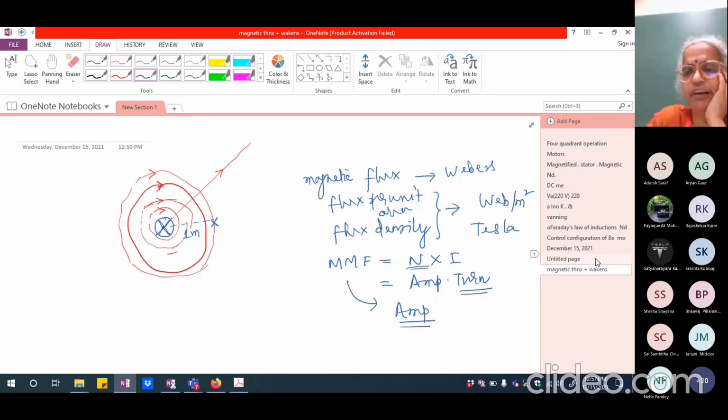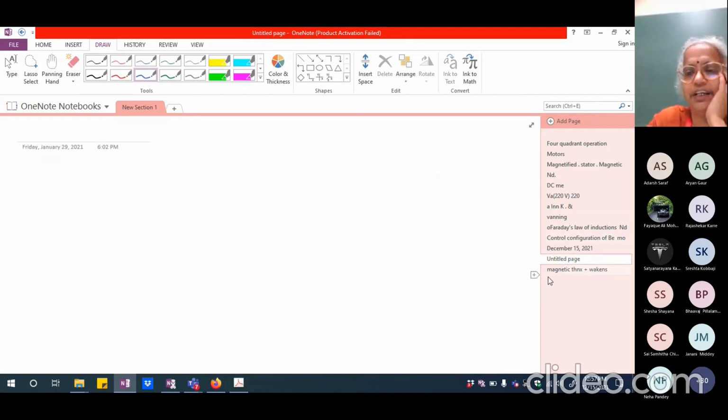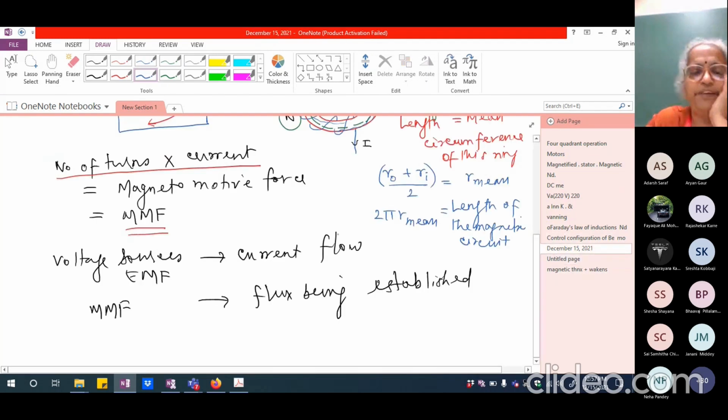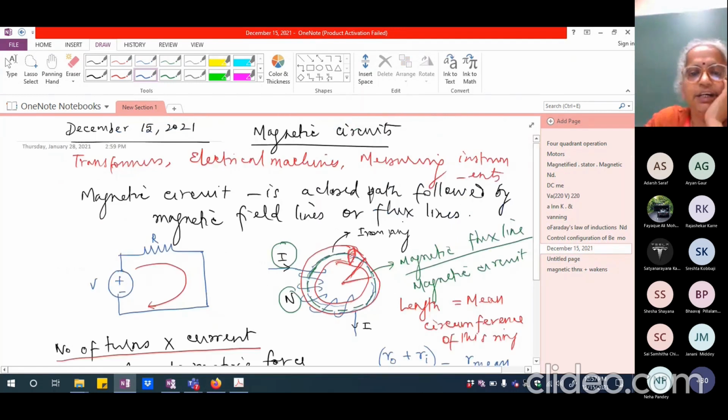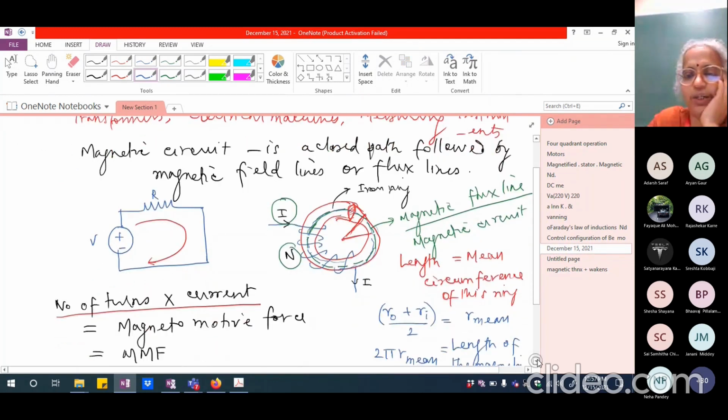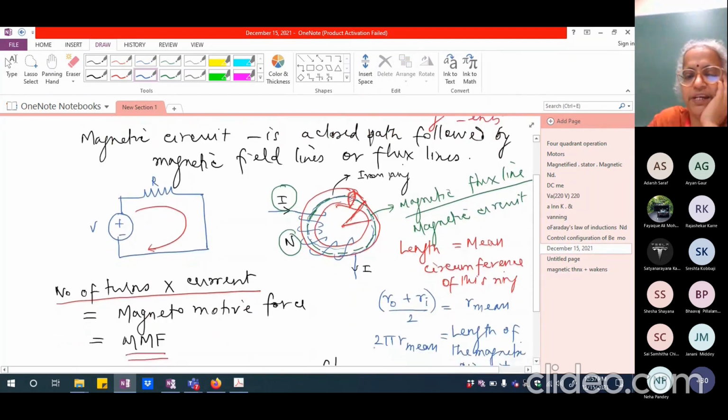Now, like what we said in the previous slide, if I look at the total length of this magnetic field line, which is 2 pi r mean, let me write this as L. This is the length of the magnetic circuit. Now N is the number of turns and I is the current flowing through this number of turns.